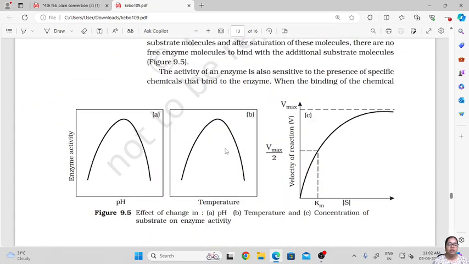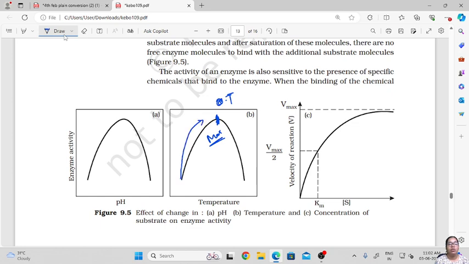If we look at figure 9.5, figure B, this peak side will be the optimum temperature at which the enzyme activity will be maximum, and it is gradually increasing.